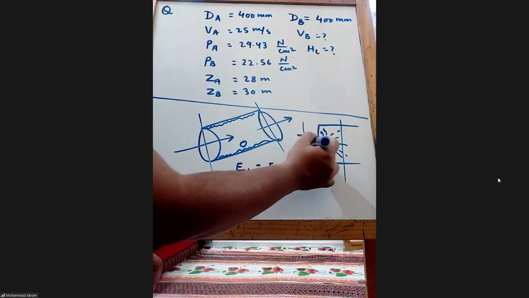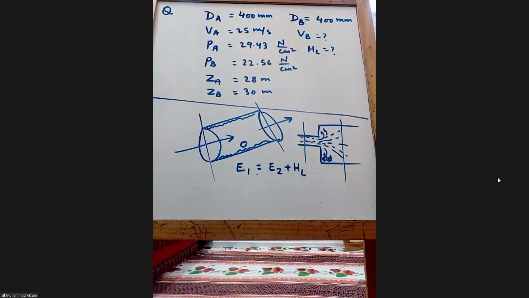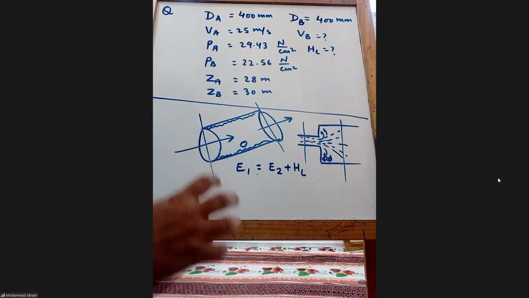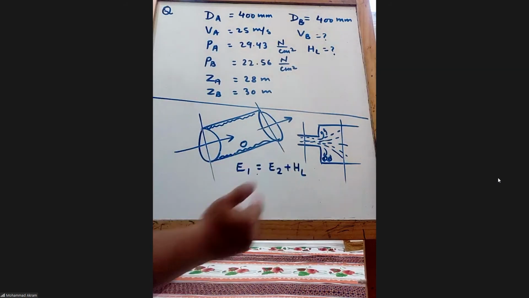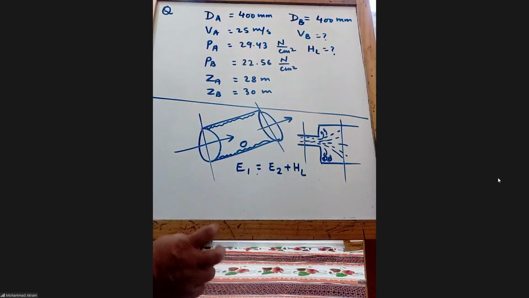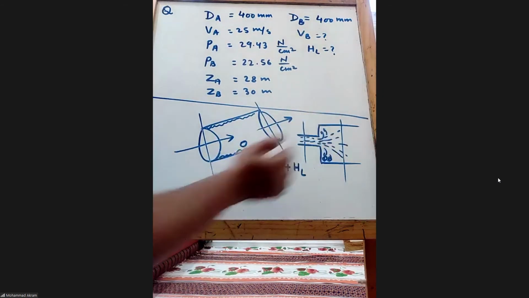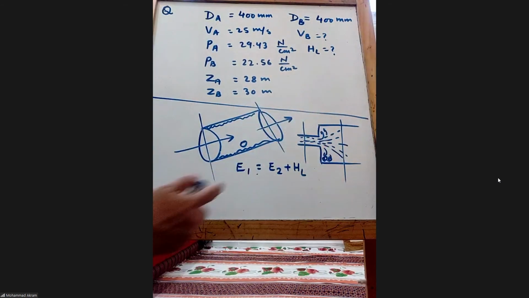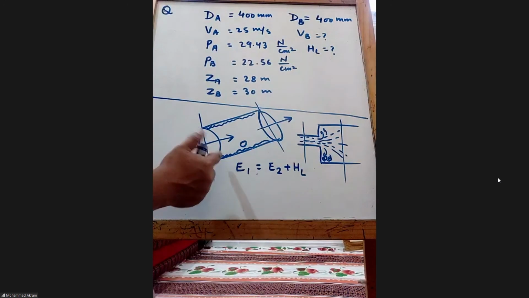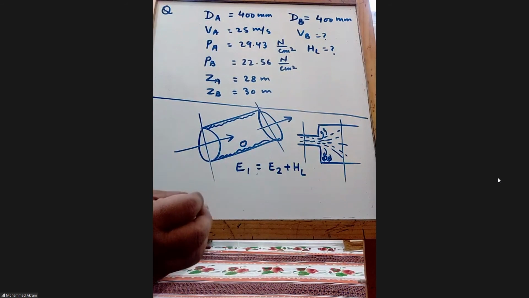So ideally, energy at the inlet and outlet is equal. But at the outlet, it is not all the time in the form of only three parameters like pressure, velocity, and datum. It has some other form of energy which is lost in some other form. It may be because of the friction, or because the area is suddenly increased. You cannot have a small pipe and then a very big pipe.